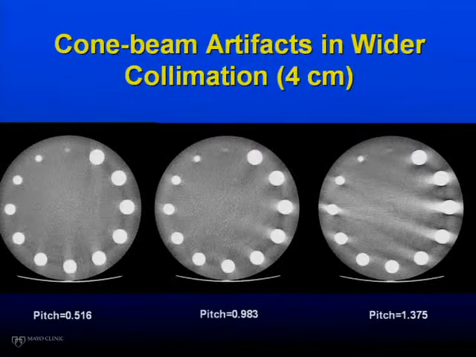Here is an example of cone beam artifact in wider detector collimation. This is called a clock phantom. It has a lot of sphere structures along the z direction, so it's a good test for the cone beam artifact. You can see that with the increase of the helical pitch, the cone beam artifact becomes more and more severe.